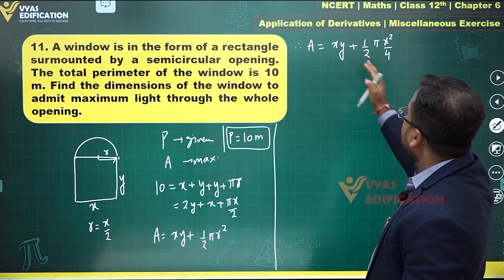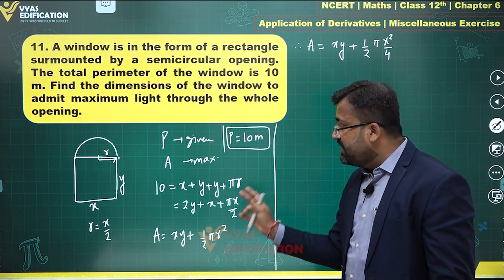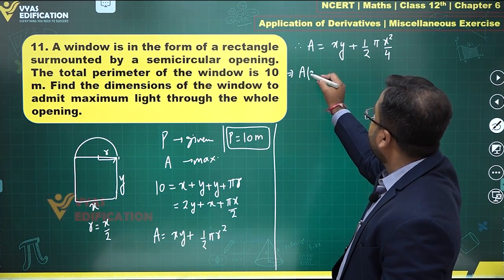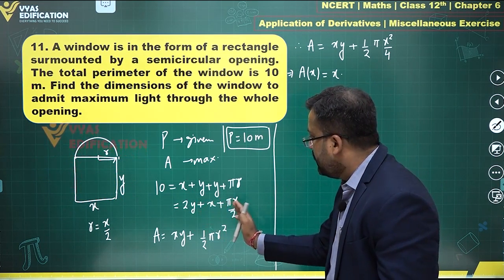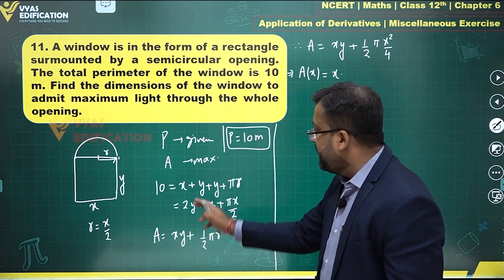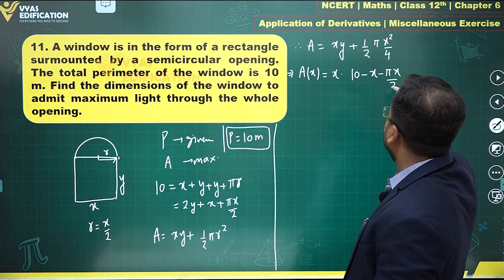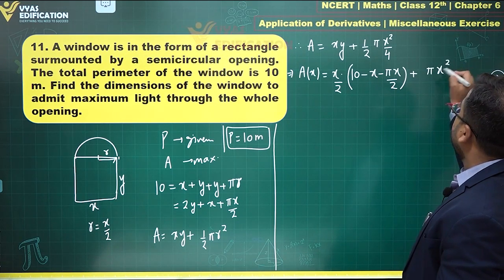Now you have x and y, two variables involved in the area. You have to eliminate one of the variables using this 10. So area in terms of x can be found. x times y will be equal to (10 minus x minus pi x by 2) upon 2, whole times x divided by 2, plus this pi x square by 8.